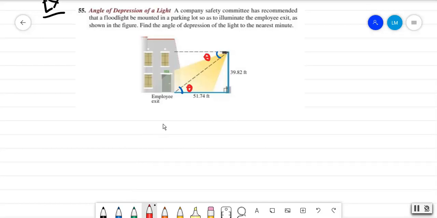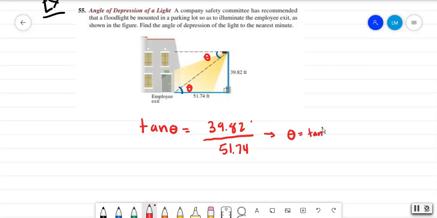So here, why don't we just take tangent of theta and then say that we have 39.82 feet, we'll just leave those out, over 51.74, and then from there, we know that we just have to take that theta is equal to tangent inverse of 39.82 divided by 51.74.